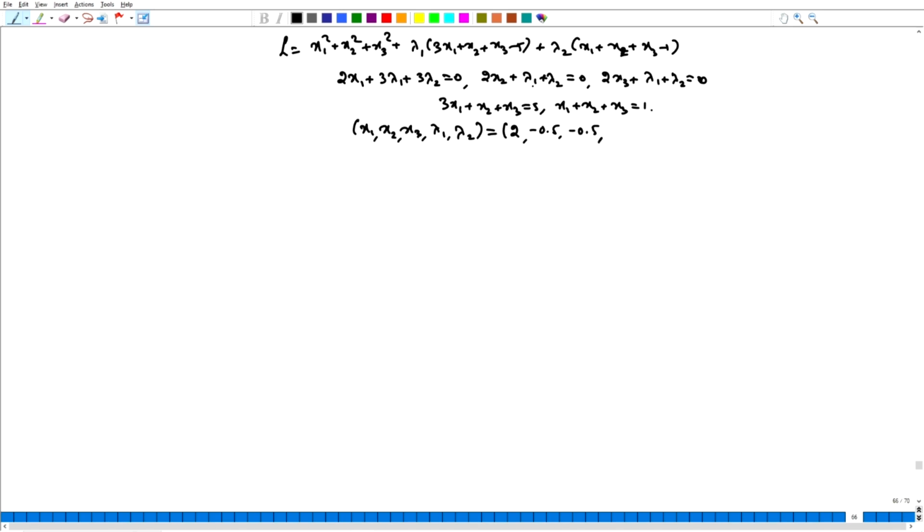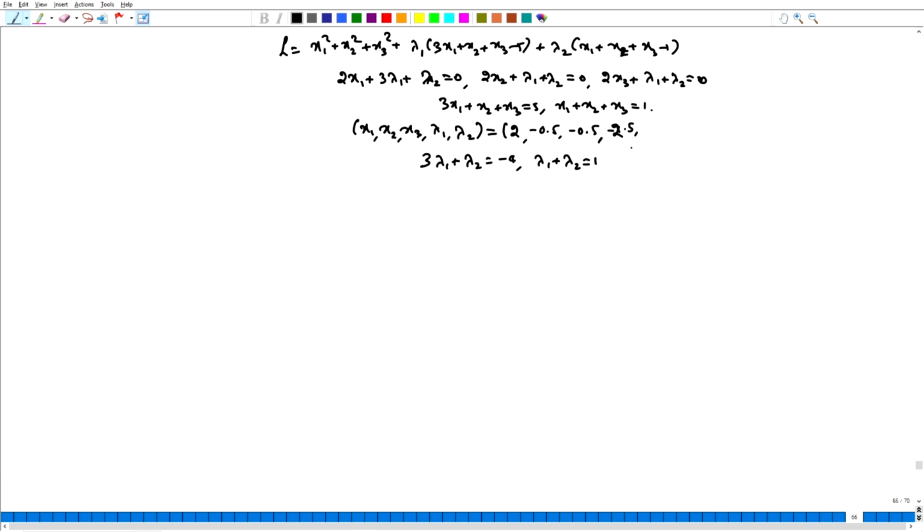So, here you have lambda1 plus lambda2 is 1, and here you have 3 lambda1 plus lambda2 is minus 4, okay. So, 3 lambda1 plus lambda2 is minus 4 and lambda1 plus lambda2 is 1, right. So, on solving you will have minus 1 and 2. I think it is correct.